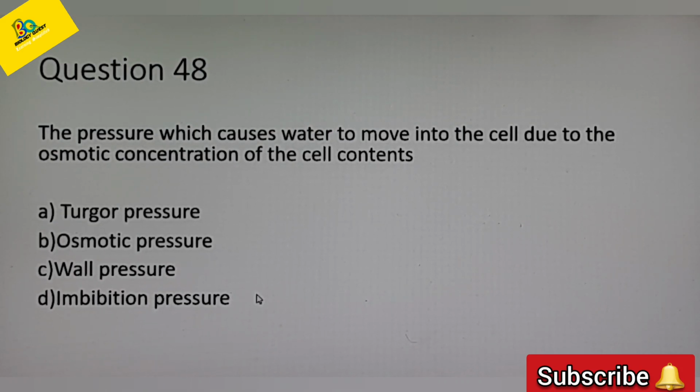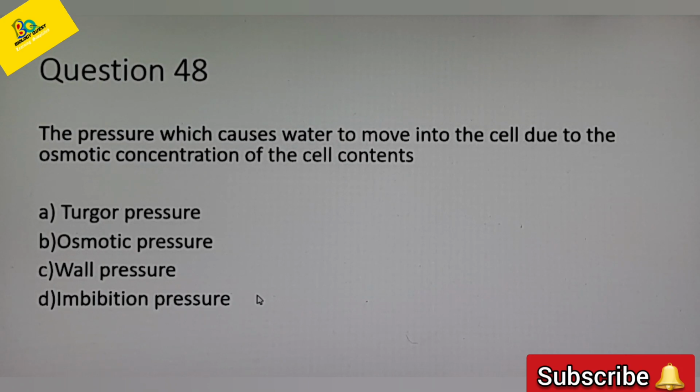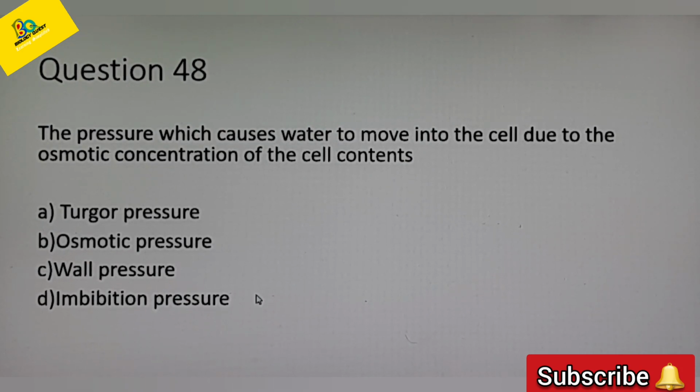This pressure is called the wall pressure. And what is osmotic pressure? The pressure that develops in a solution as a result of the presence of dissolved solutes in it. That is osmotic pressure. And imbibition pressure is the pressure that is developed in the imbibant as a result of the process of imbibition.